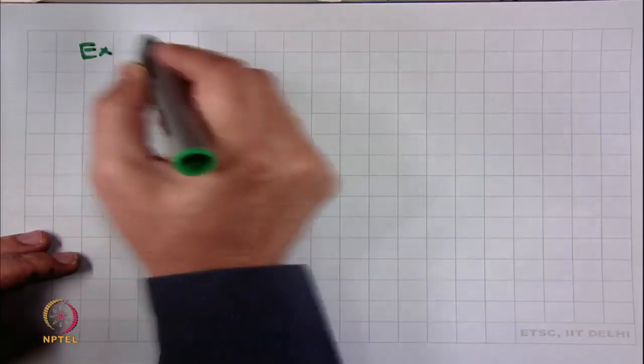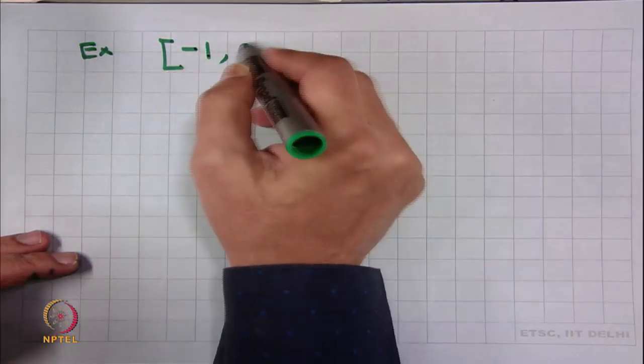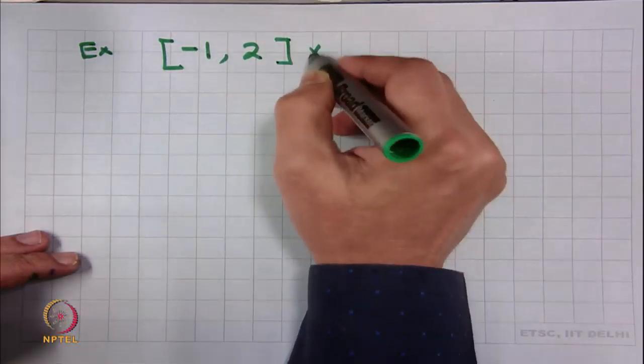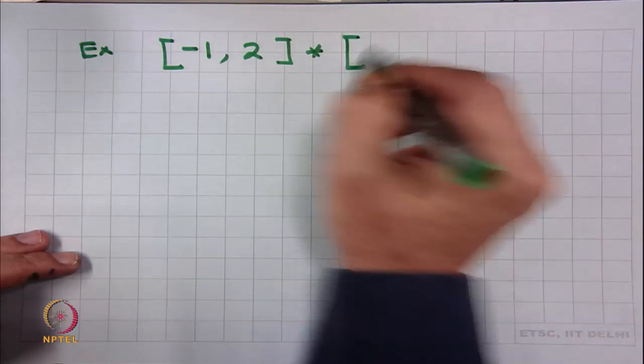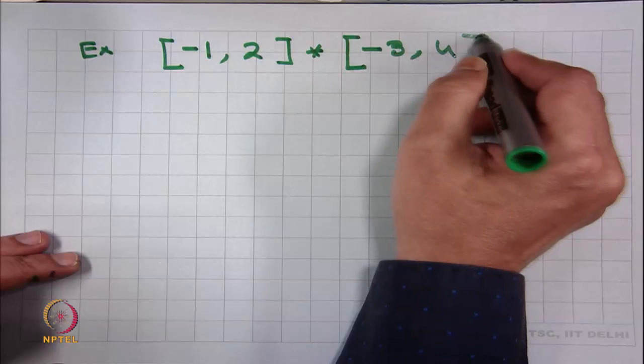But consider [minus 1, 2] multiplied by [minus 3, 4].